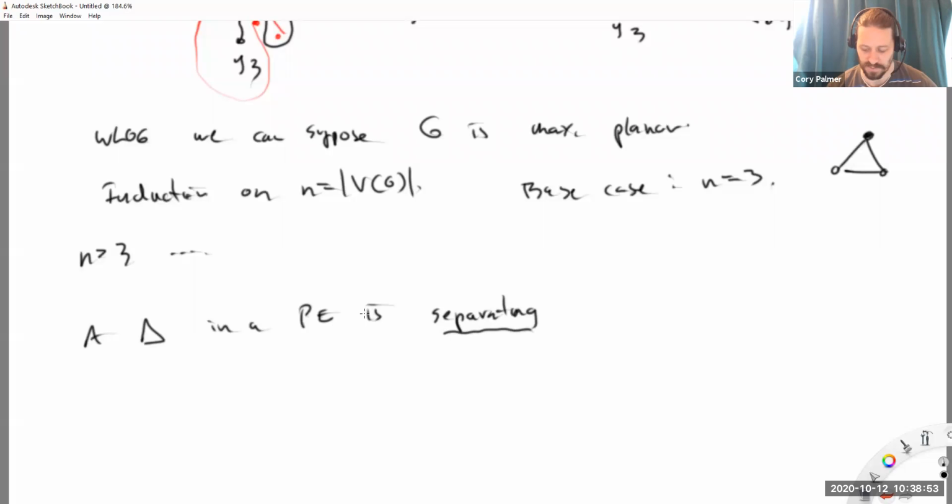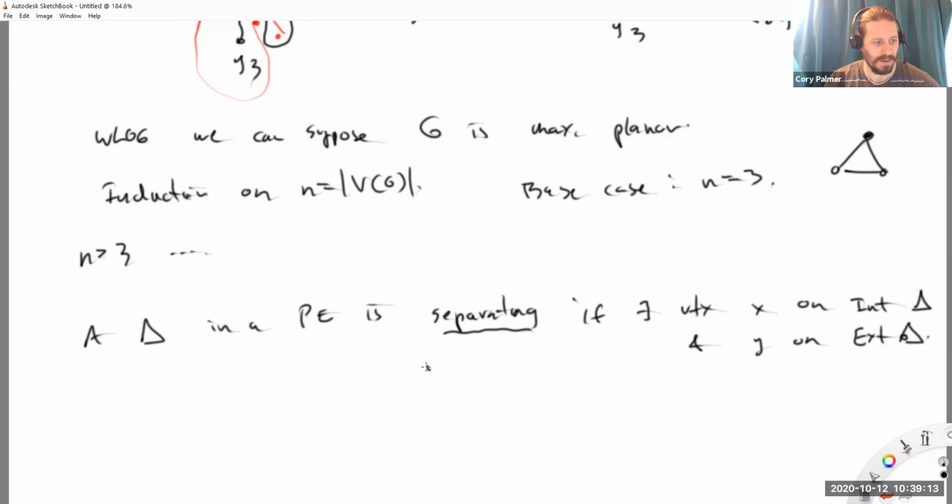It's just defined for this thing here. If there exists a vertex X on the interior of the triangle and a vertex Y on the exterior of the triangle in the planar embedding.